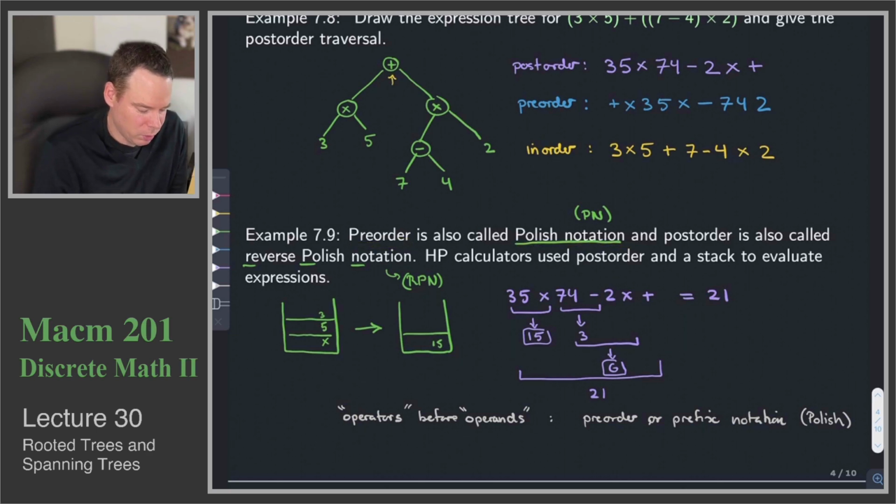So that's when the operators are before the operands. So if I look up here at preorder, I see the multiplication sign. That means it's preceding the two things I'm going to be multiplying. So the operator is before the operands, as opposed to operators after operands. Leave a little bit of room because I'm going to put a line in between these two.